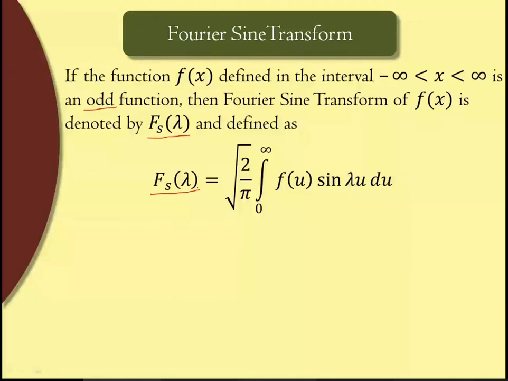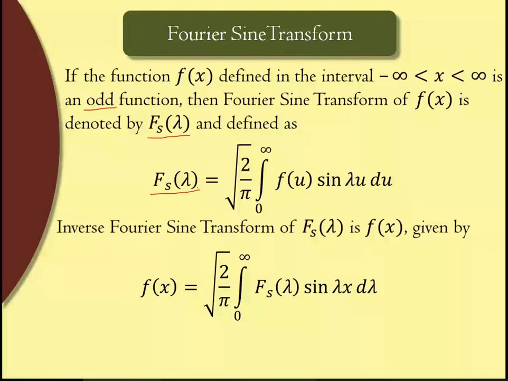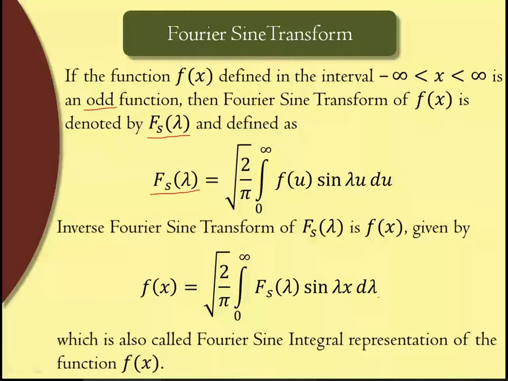And the corresponding inverse Fourier sine transform is given by f of x is equal to square root of 2 by pi integral 0 to infinity fs lambda sine lambda x d lambda. And this inverse Fourier transform we also call a Fourier sine integral representation.